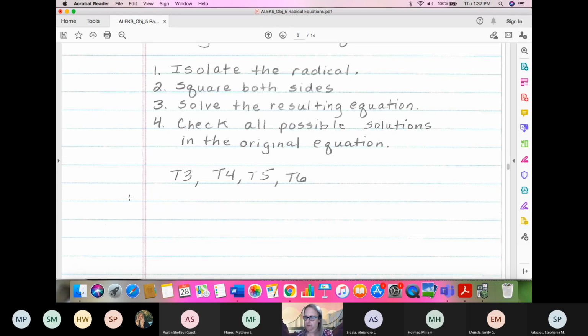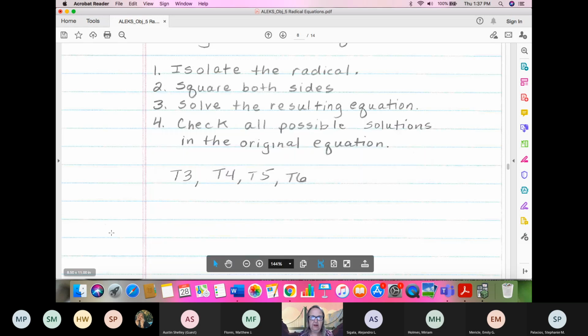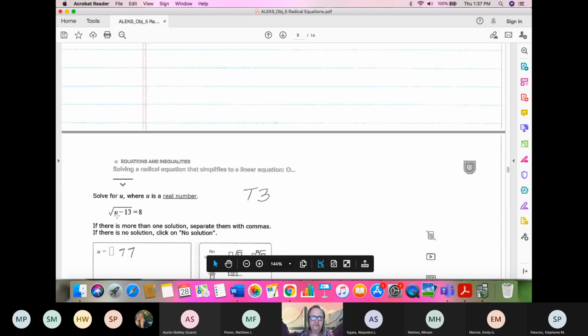Isolate the radical. Square both sides. Solve. Check. Isolate radical, square both sides, solve, and check.